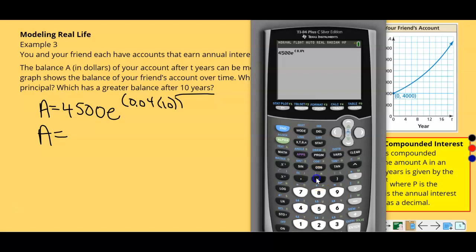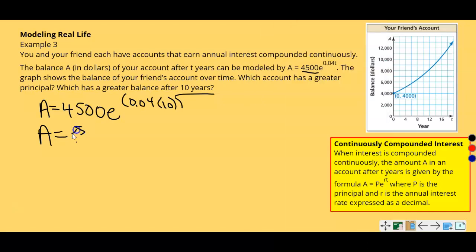Remember, your calculator only does what is inputted, and it's programmed to do certain things. So I try to make sure that it knows exactly what to do. And then hit enter. And that's going to give you 6713.21 approximately. So your account is going to be 6713.21. All right, so this is you.